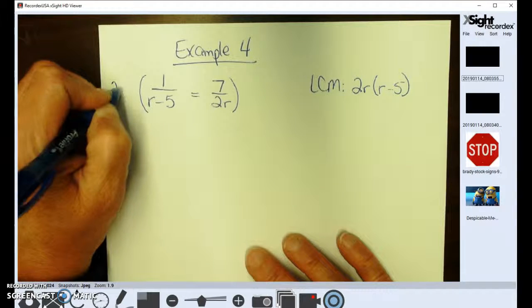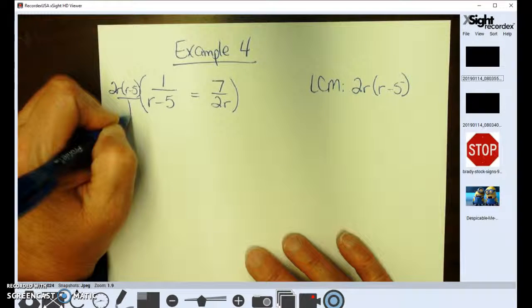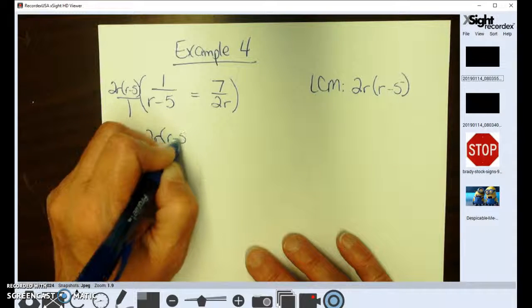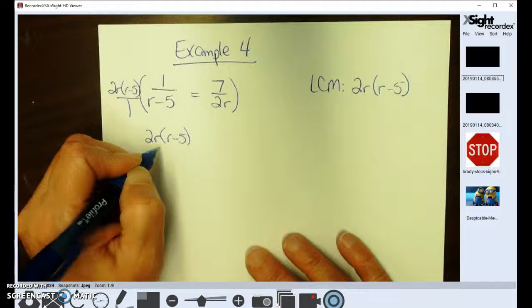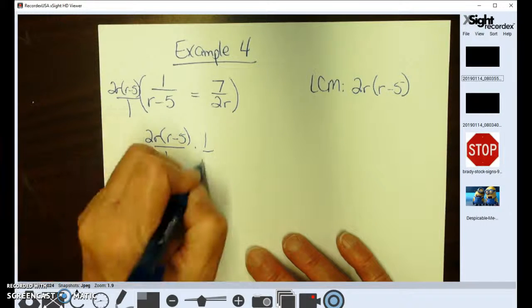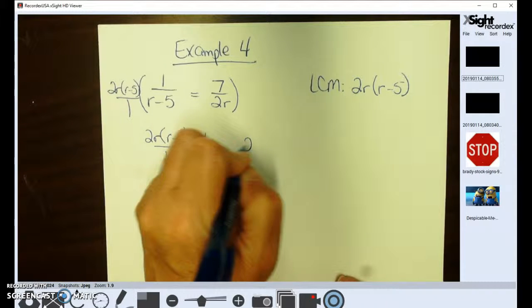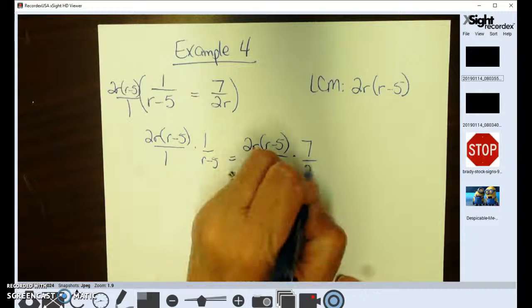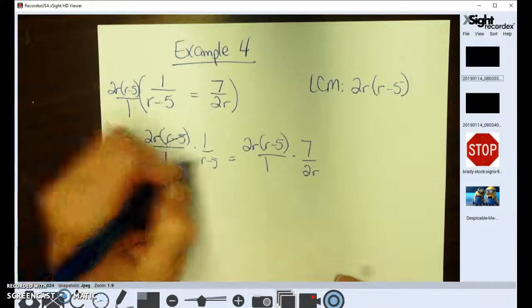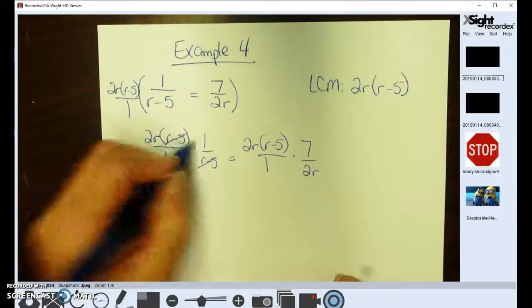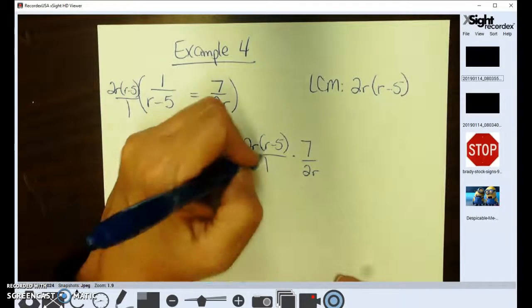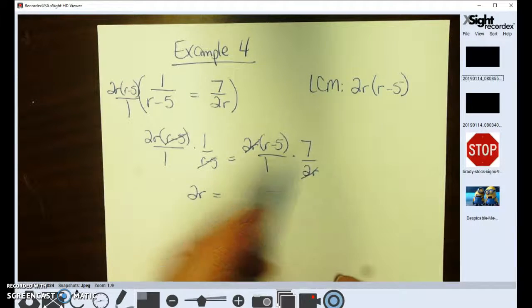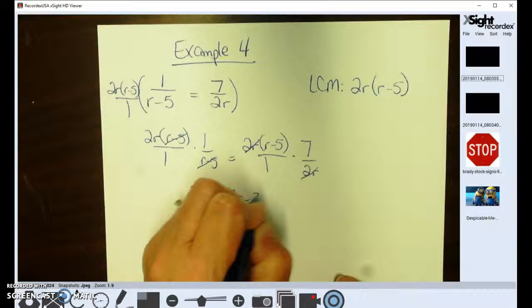So 2r times r minus 5 over 1 times 1 over r minus 5 equals 2r times r minus 5 over 1 times 7 over 2r. Now we cancel, that cancels that, and I have 2r times 1 left, so 2r. This 2r cancels that 2r, so I have r minus 5 times 7, which gives me 7r minus 35.